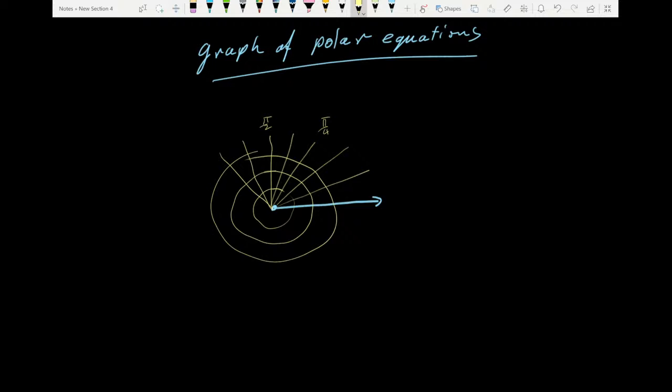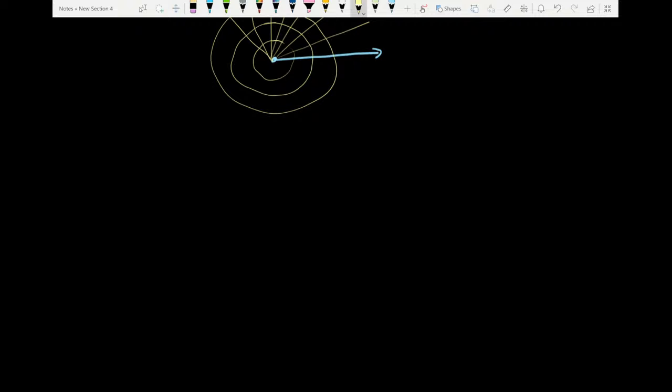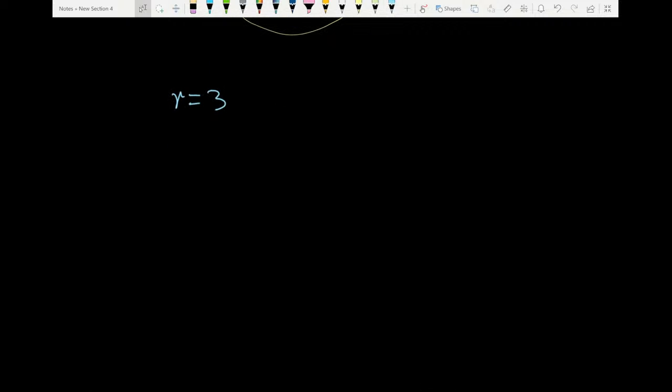So the first one is pretty easy. If I give you graph r equals 3, what is that? What is this a graph of?